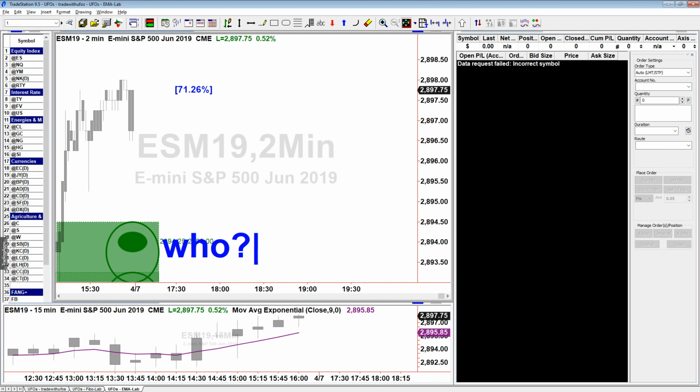And what happens in trading, and that's why we got a 71% probability in this case, which again is not always like that, could be 60, could be 55 or whatever. But why is it that we have a great probability? Well, it's precisely because of the who. Who is buying in that green circle? Well, it's a big player.